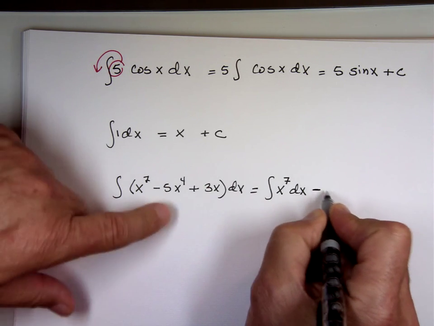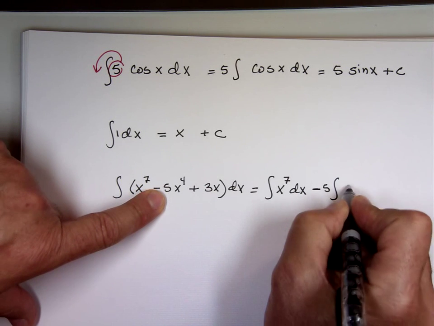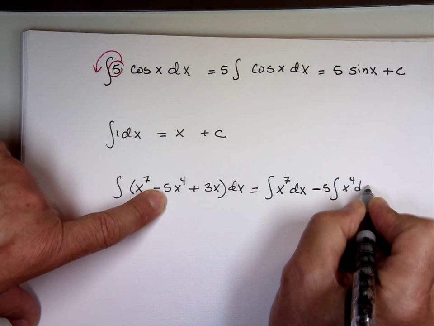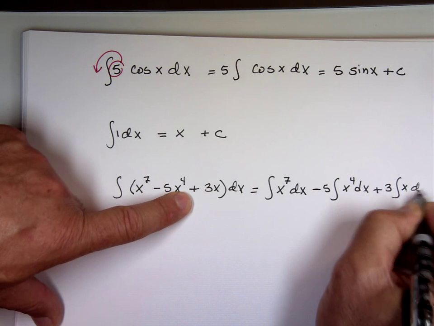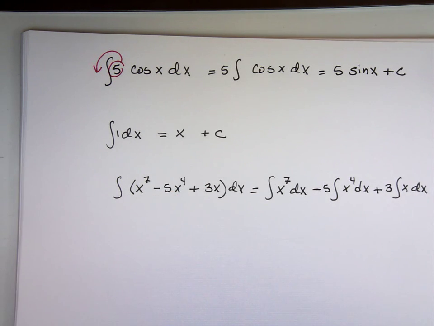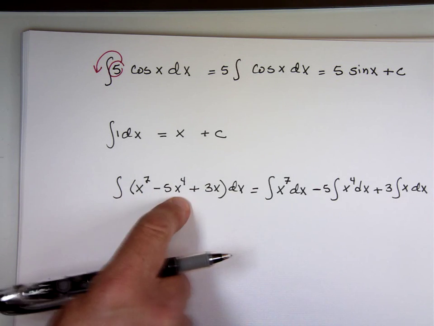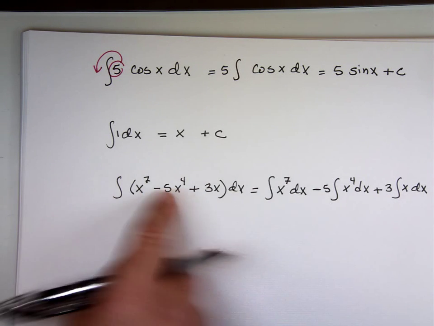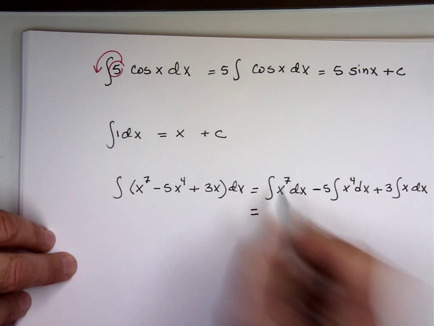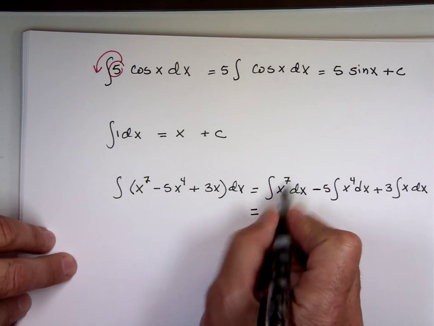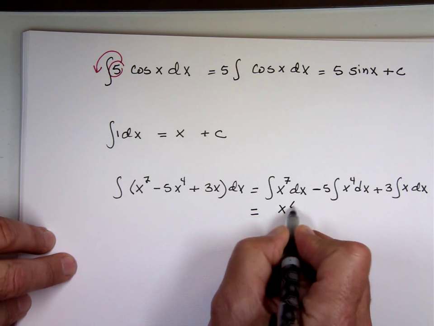Let me take the 5 in the front. I broke it down: the integral of this, the integral of this, the integral of that, and I took the constants and put them in the front. And apply that rule. Add 1 to the power and divide by the new power. This becomes what? X to the 8th over 8.